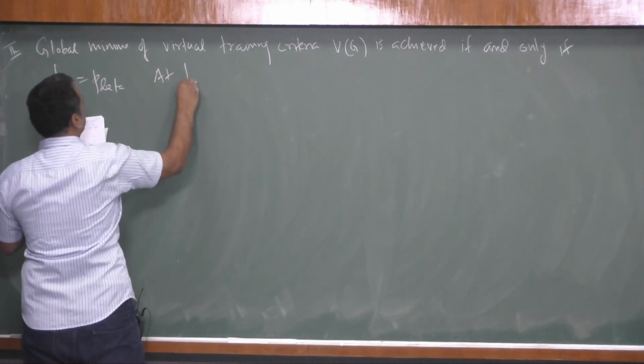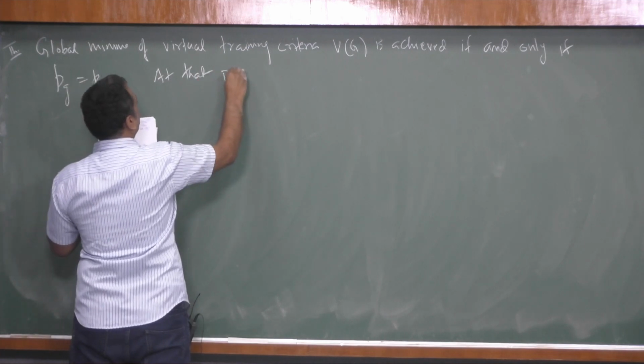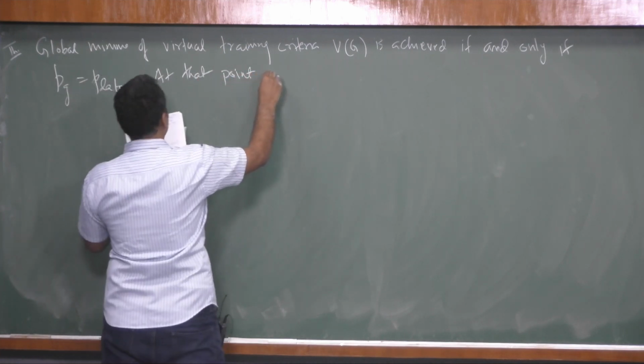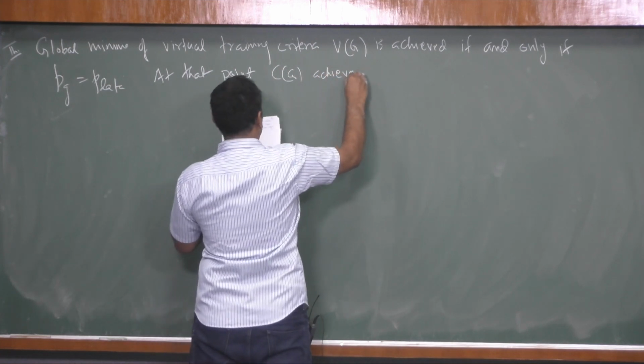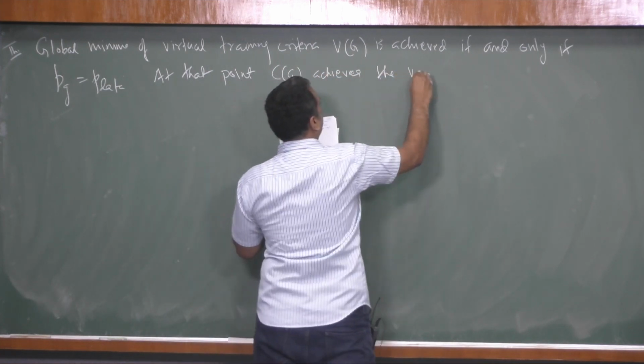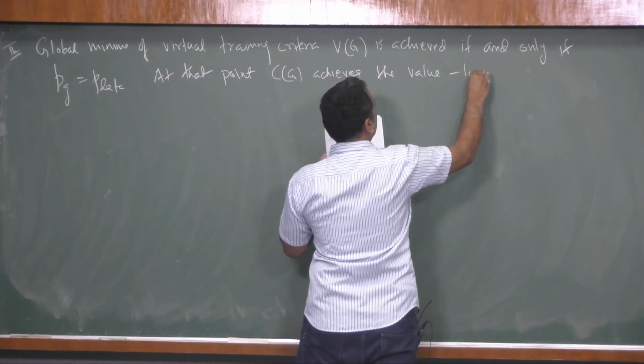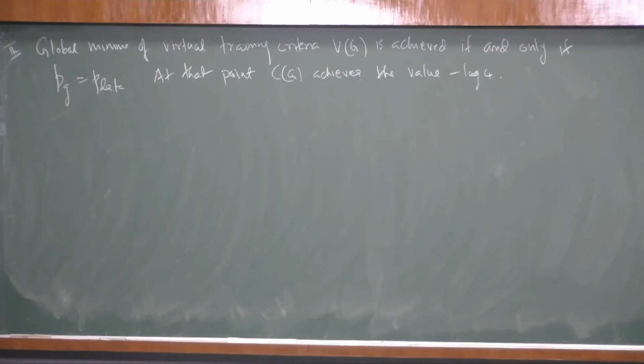At that point, CG achieves the value minus log 4. Obviously, if our goal is to train a generator, right, that starts generating realistic images, right?